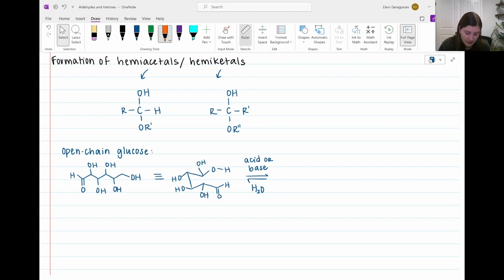And this is not the entire mechanism, but just to kind of guide where you're looking here, when we close the ring, we have this oxygen, the OH group at the end of the chain, will create a bond to the carbon that's part of the aldehyde.